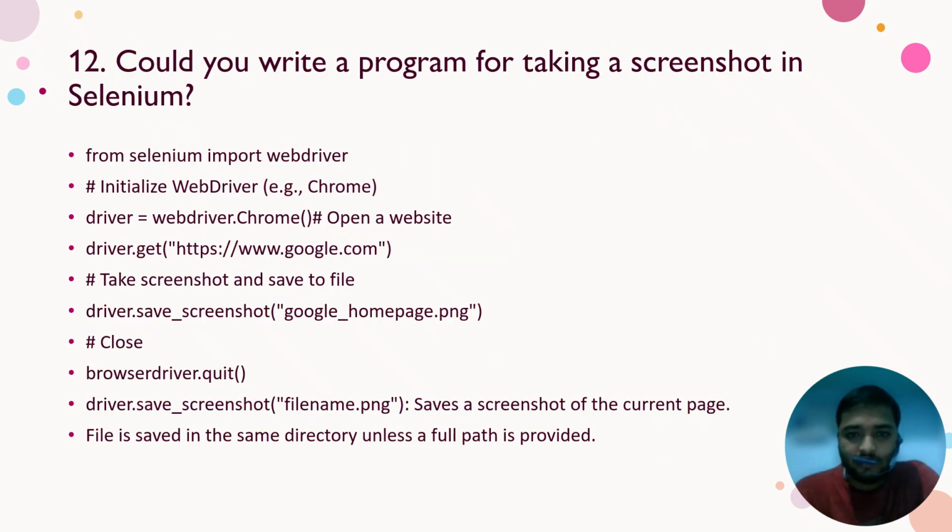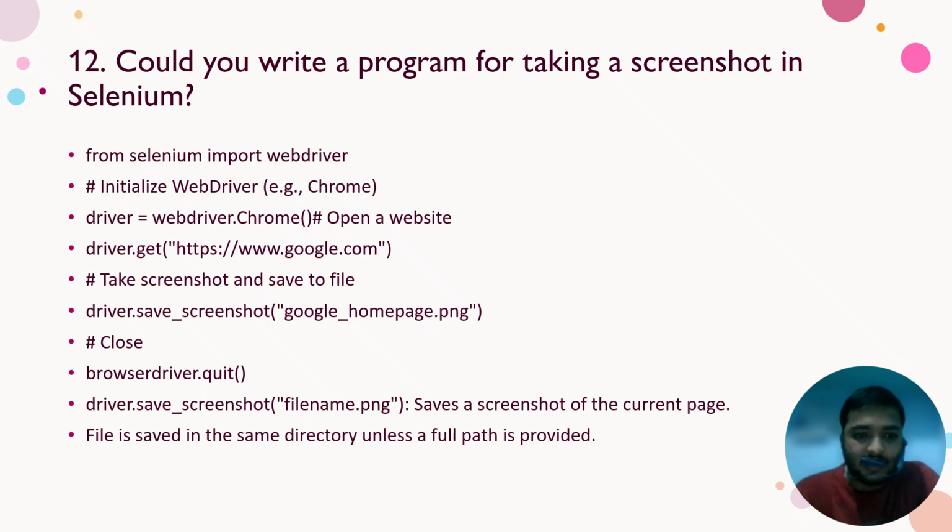Could you write a program for taking a screenshot in Selenium? First, we initialize by importing the Selenium driver. Then we open a website with webdriver.Chrome, then driver.get to open the website.